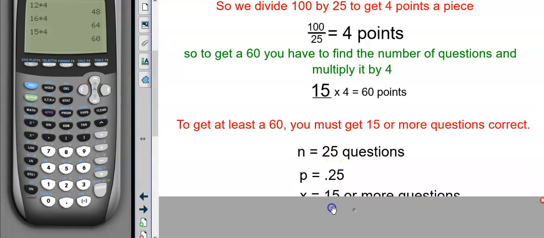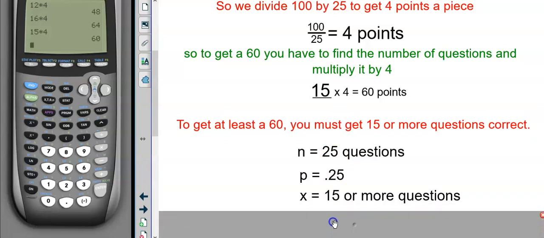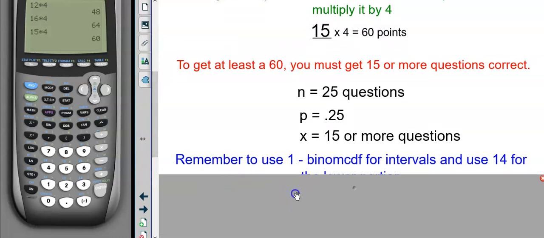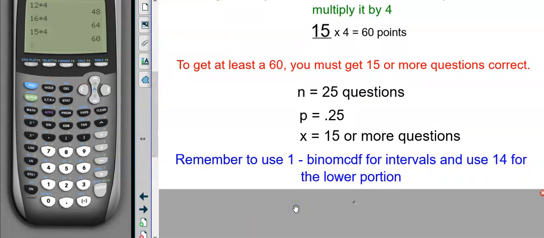Here we have the same setup, but as a reminder, n is 25, p is 0.25, x is 15 or more questions. Remember to use 1 minus the binomial CDF for intervals, and we're going to use 14 for the lower portion. If it's talking about this number and above, we have to use the lower interval. So our max number is going to be 14 here.